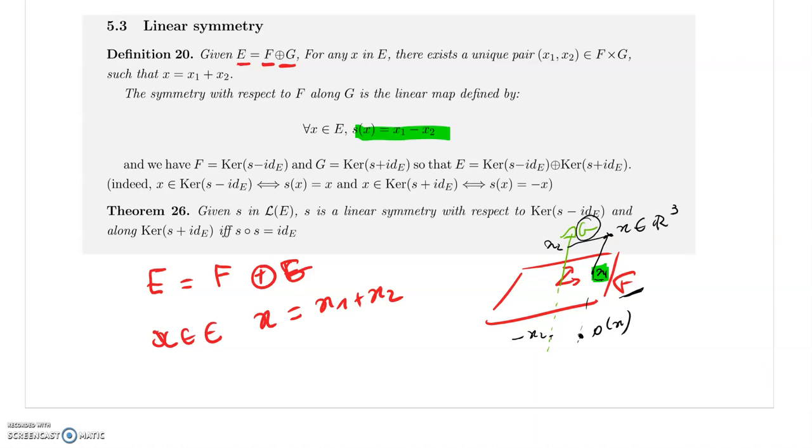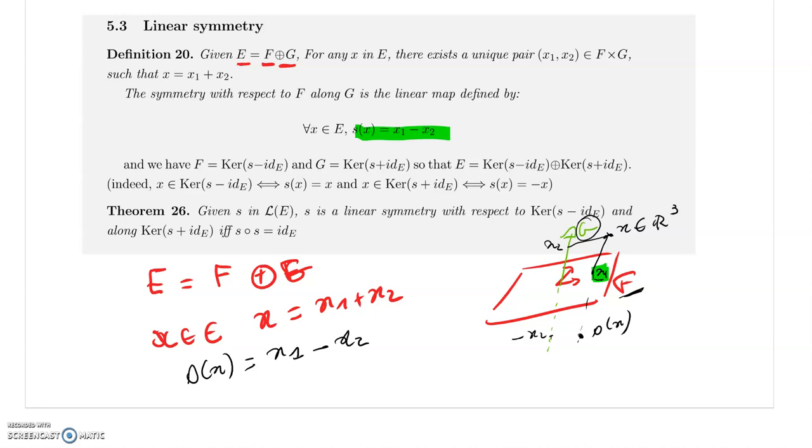Okay, so I keep the x1 component and I take the opposite of the x2 component, right? So S of x is defined as we keep x1 and we subtract the x2 component, so that we land exactly on the other side of the space F. Well, that's one way to see that.